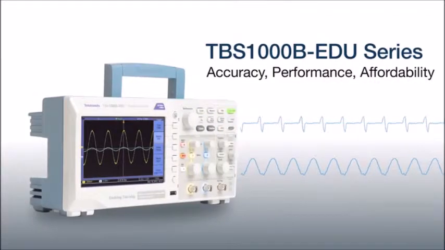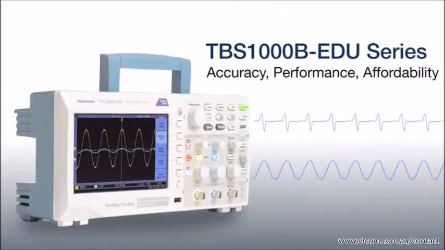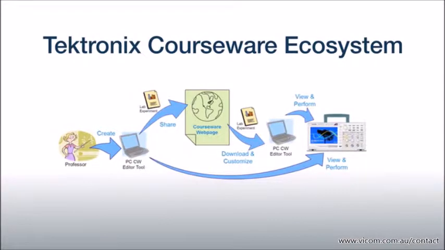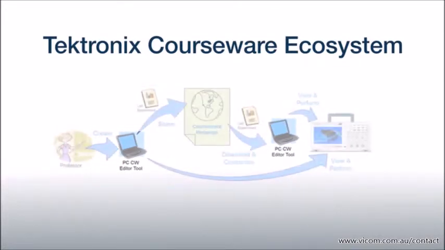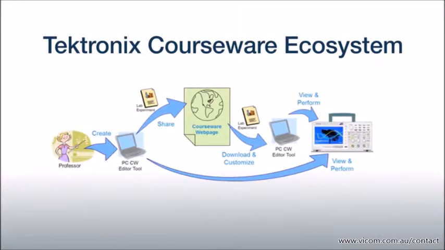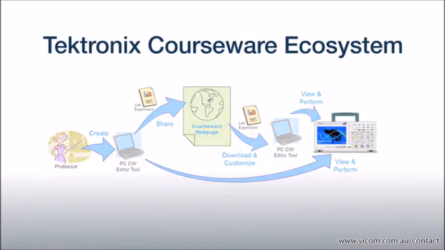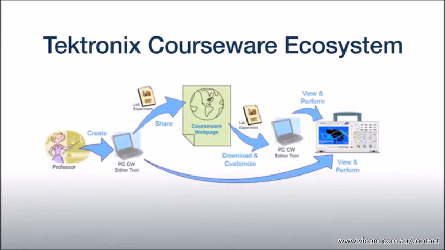Just because you're on a tight budget shouldn't mean you have to compromise on accuracy and performance. Specifically designed for education, the TBS1000B-EDU Oscilloscope is part of a complete courseware ecosystem developed to help educators create and edit lab material, access and share information with students and colleagues, and enable students to review, perform, and document their lab work directly on the oscilloscope.